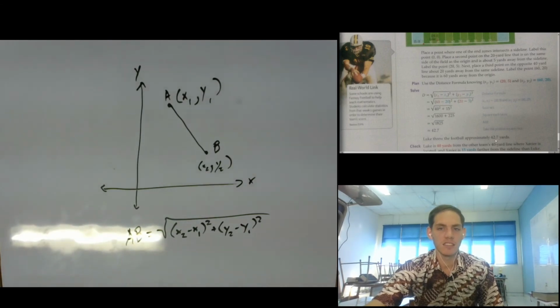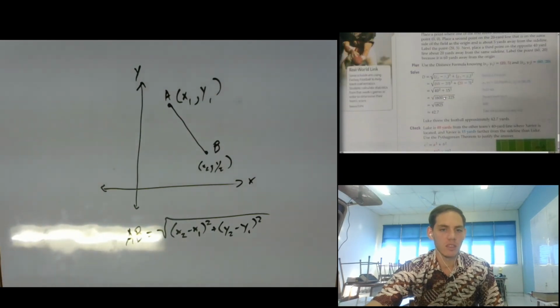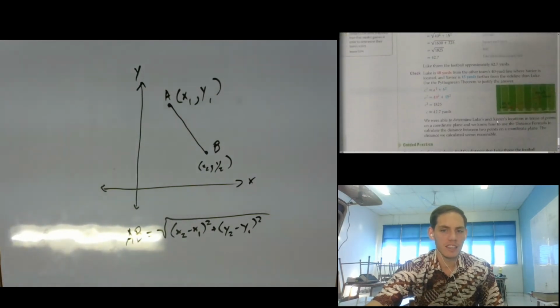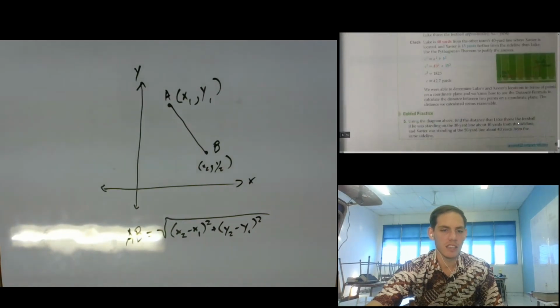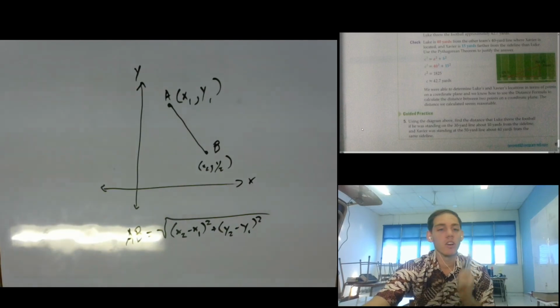And then they give us the decimal place. Is there anything in the instructions about it? No. So you do not need to worry about that. And then they say, check it. You don't need to do that. That's ridiculous. So today is all about distance.